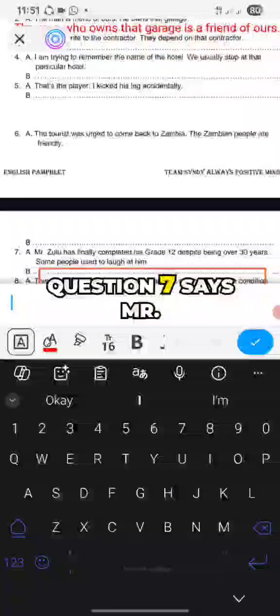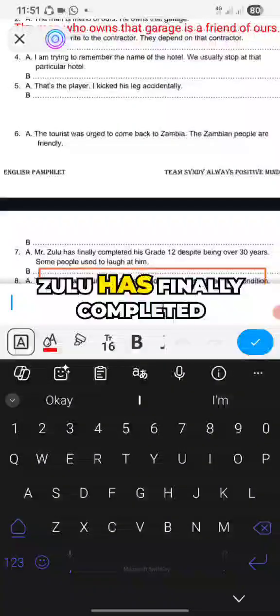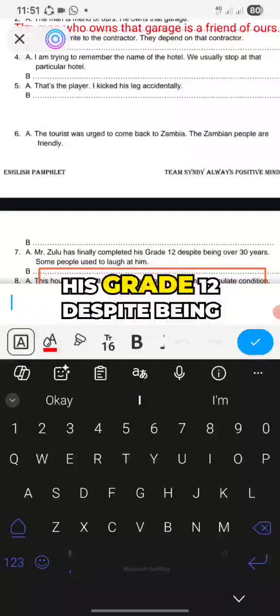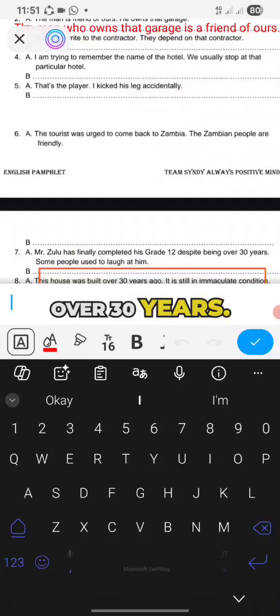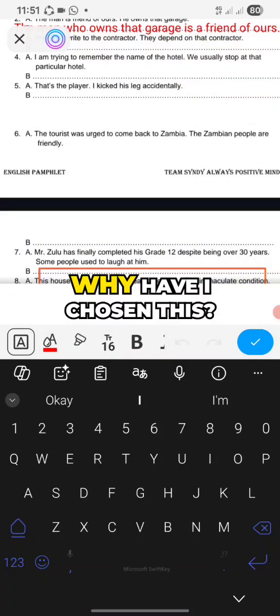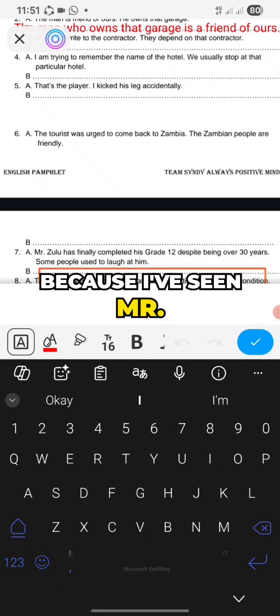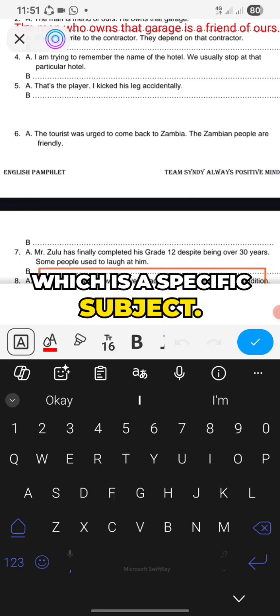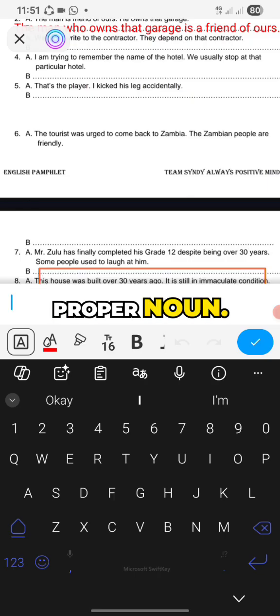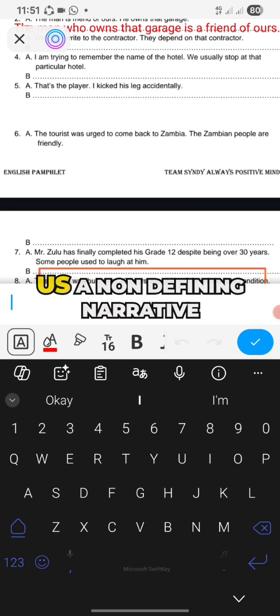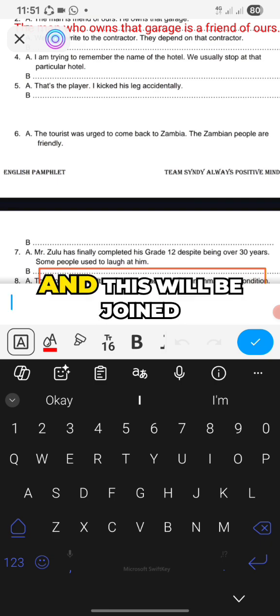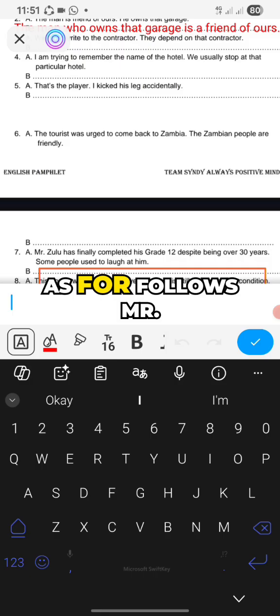Question 7 says: Mr. Zulu has finally completed his grade 12 despite being over 30 years. Some people used to laugh at him. Why have I chosen this? Because Mr. Zulu is a specific subject, which means this is a proper noun, and this is going to give us a non-defining relative clause, and this will be joined as follows.